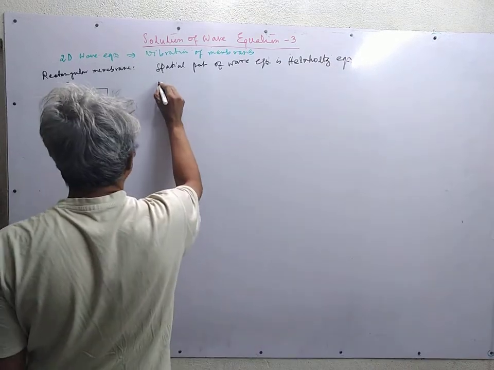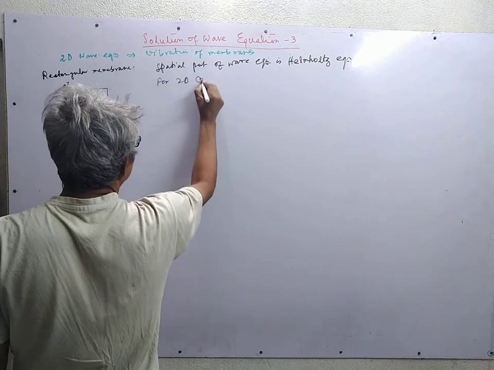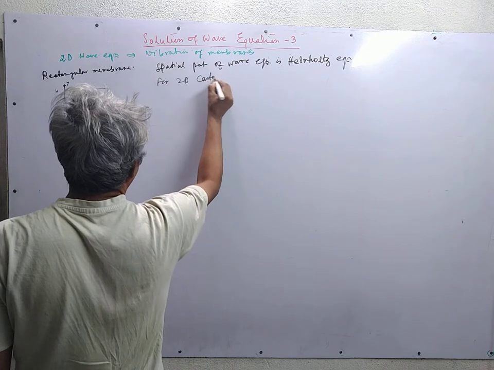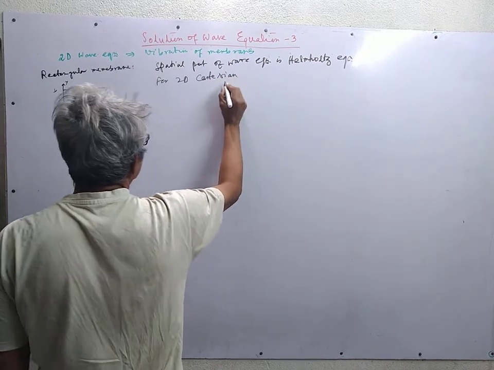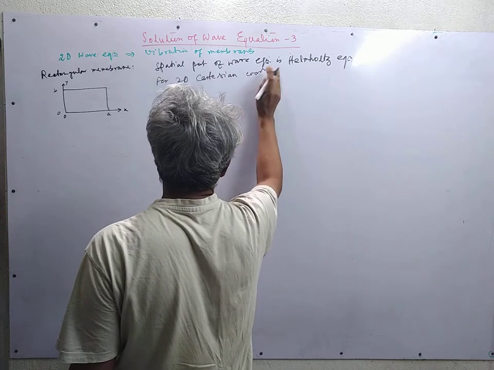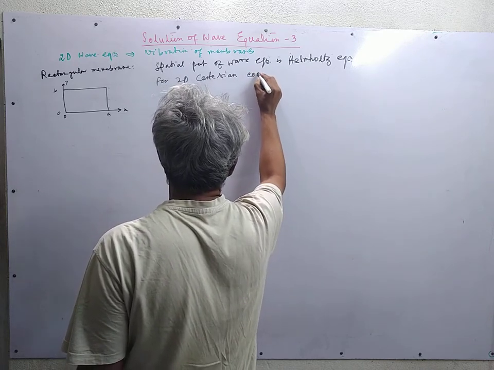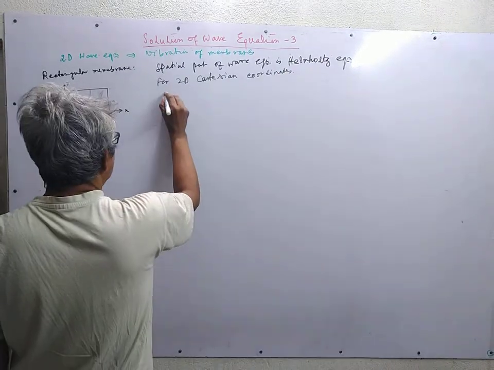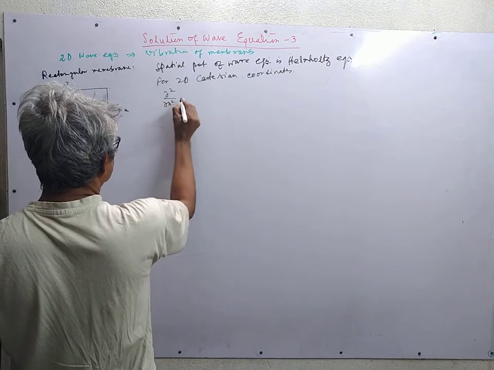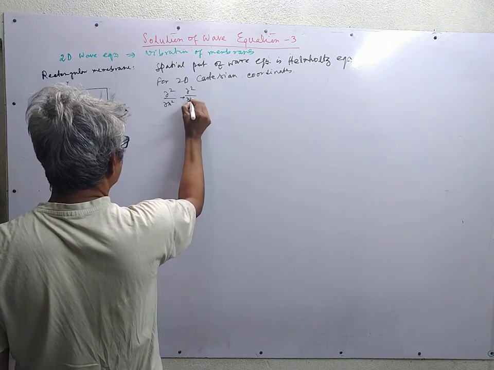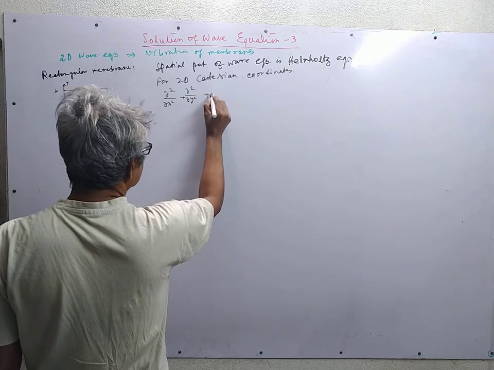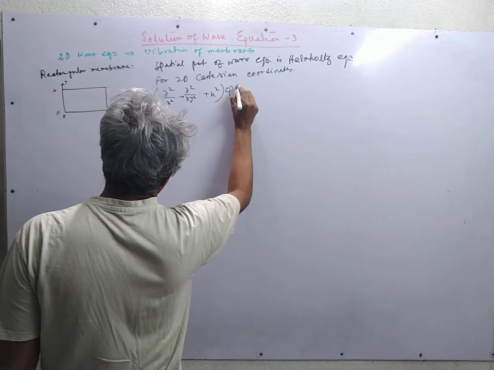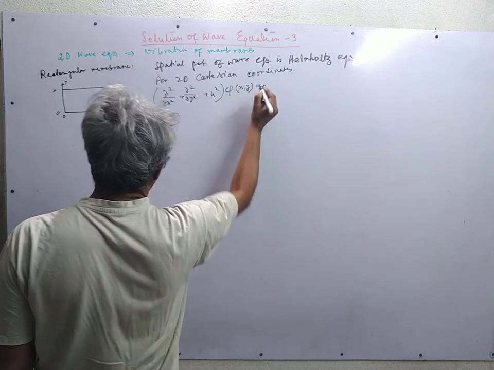For 2D Cartesian coordinates, the Helmholtz equation is del 2 del x2 plus del 2 del y2 plus k square of phi of xy is equal to 0.